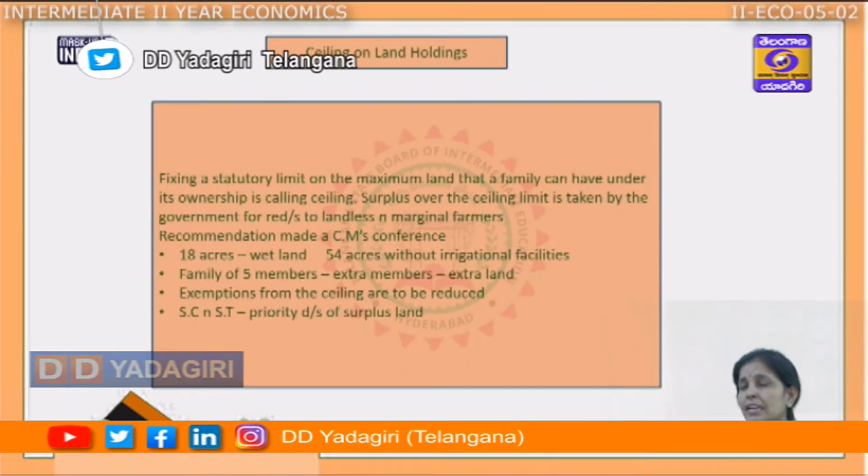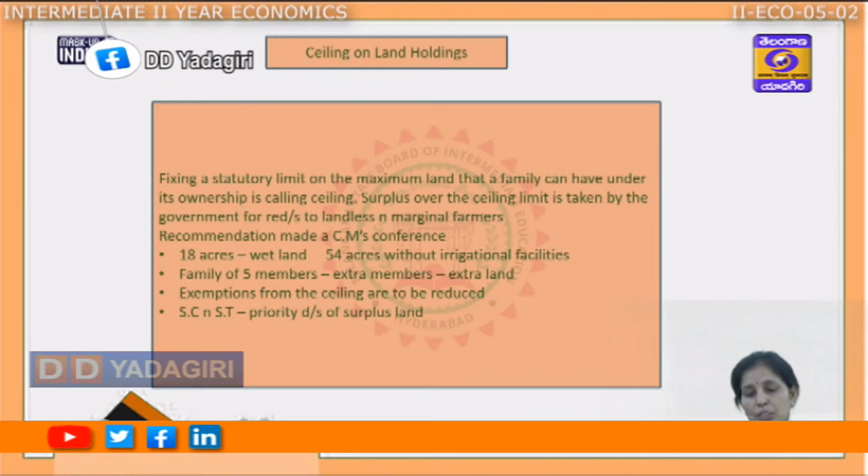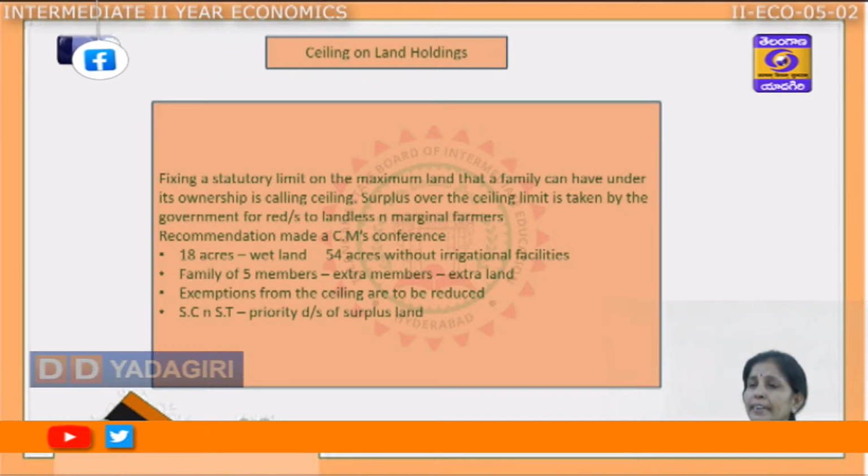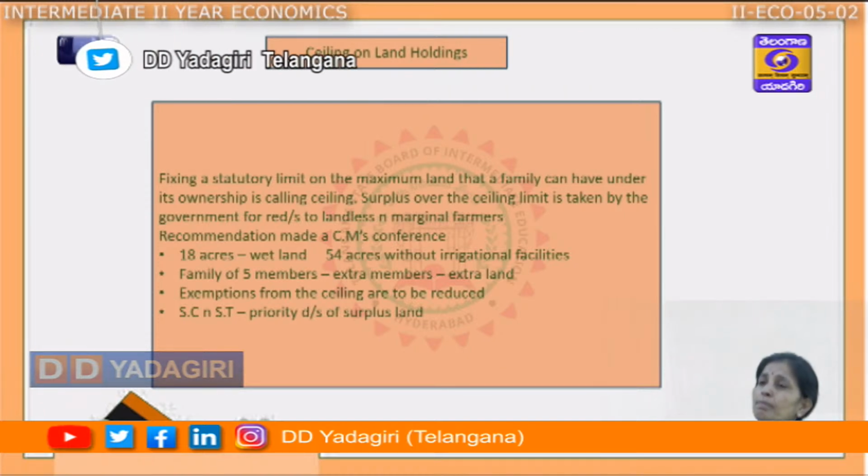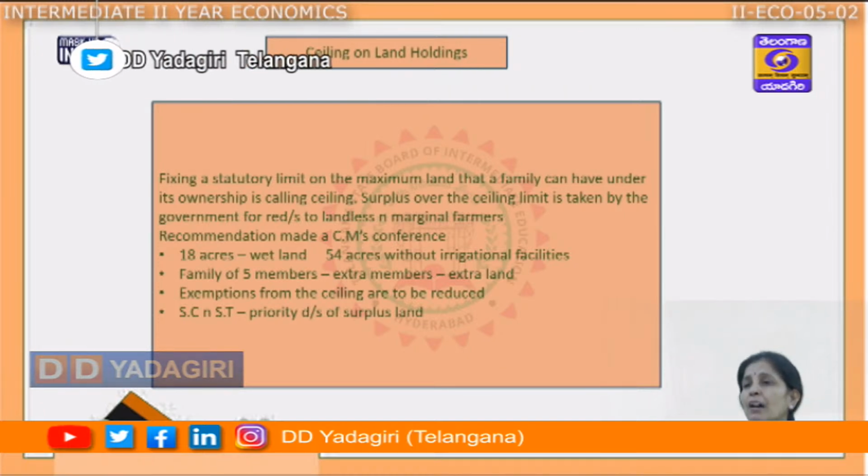The next one is ceiling on land holding. Ceiling itself is fixing a limit. Here, to provide equal opportunities, equality and social justice in the land distribution, the government has introduced ceiling on land holding, that is, fixing a maximum limit a farmer can hold.